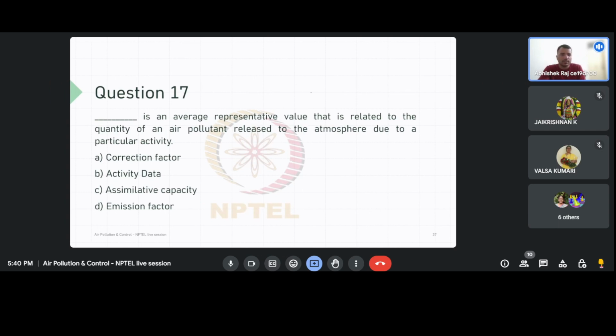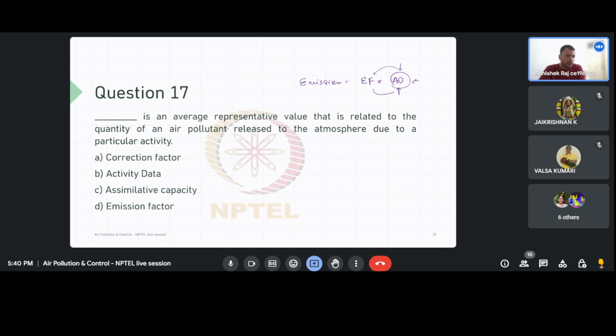As we discussed in one of the previous questions, emission will be equal to emission factor times the activity data. We have different types of activities happening in the city, and each activity will have its certain pollution level. Based on that, we'll collect data from different sources, and for each of these activities we'll have an emission factor.